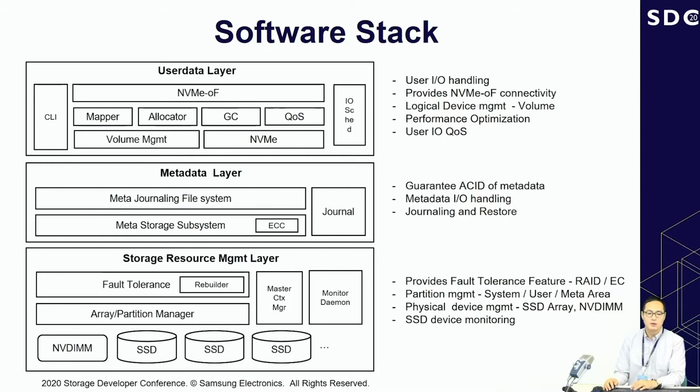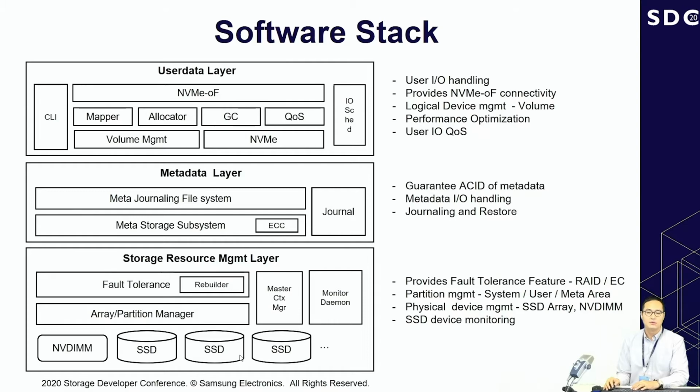So, you can think of each layer as very intuitive. Storage resource management layer is literally in charge of managing and monitoring storage resources for the NVMe Fabric target, including NVDIMM and SSDs. And it provides an environment for executing the modules from upper layers.